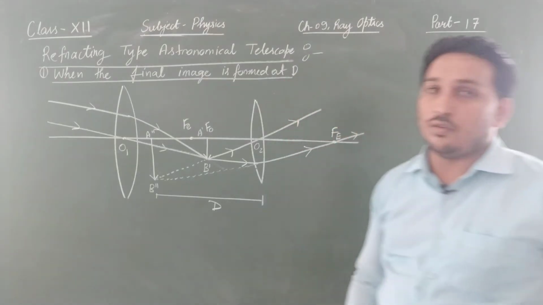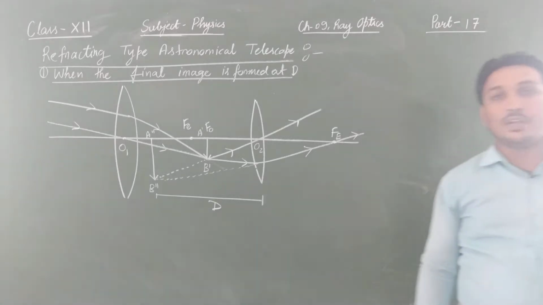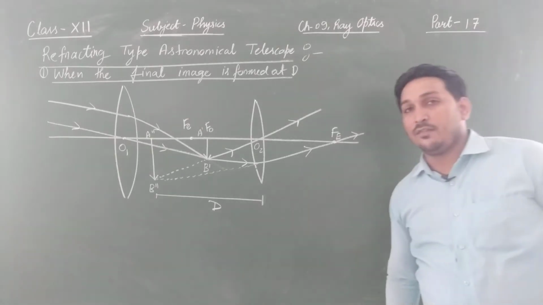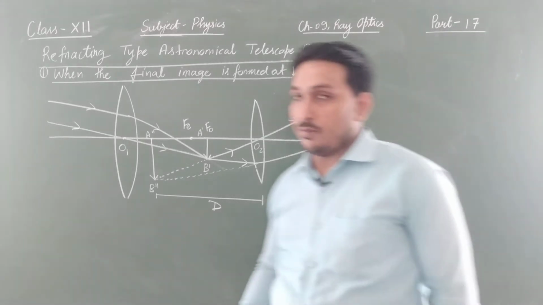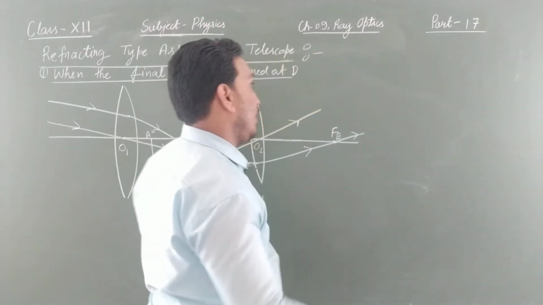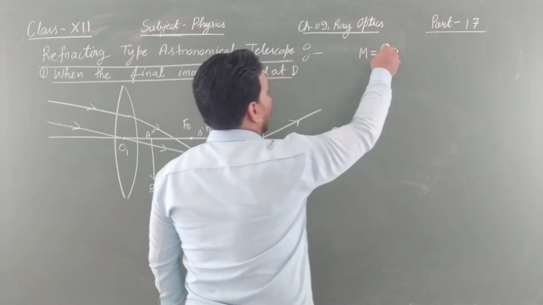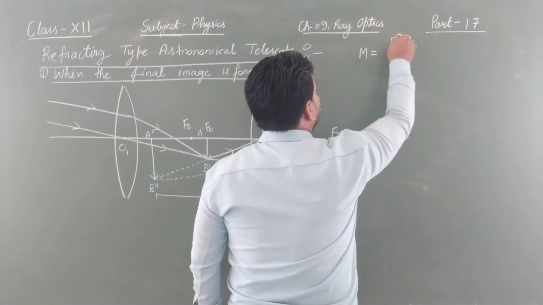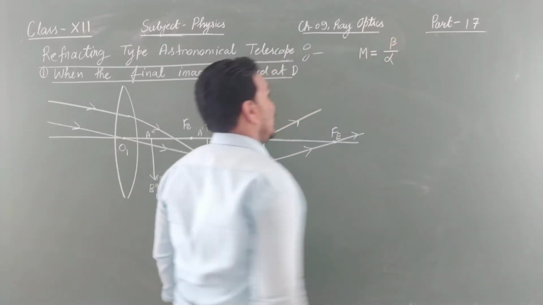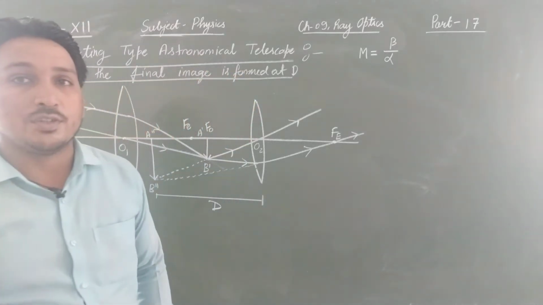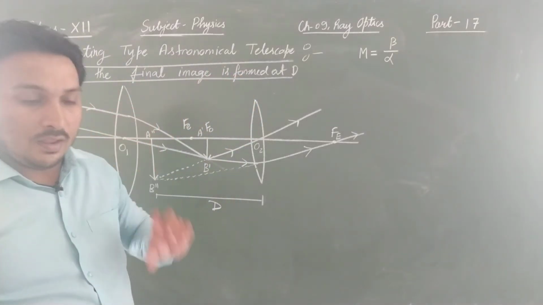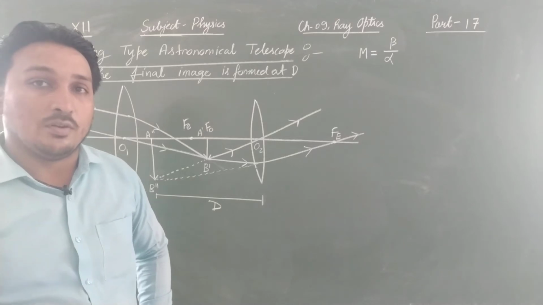Now, you already know that after this we calculate magnifying power. So let us calculate magnifying power here. We'll have magnifying power m is equal to, by definition, beta upon alpha, where beta is the angle subtended by the image at our eye and alpha is the angle subtended by the object at our eye.